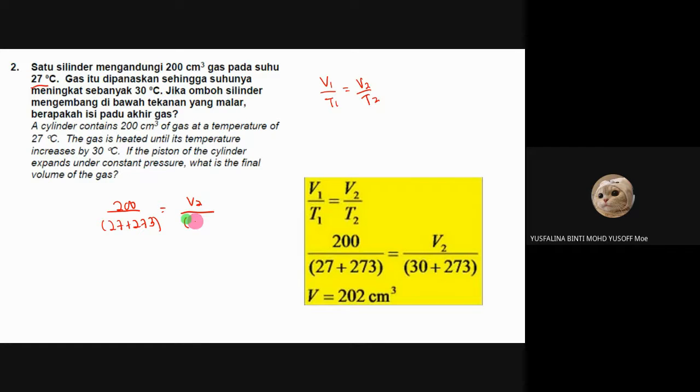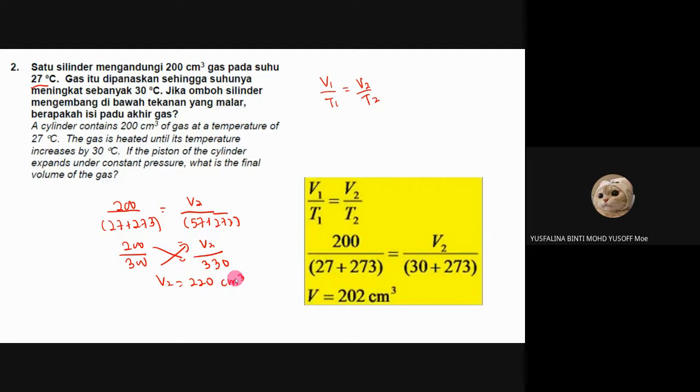And this one is actually 57, because it increased by 30 degrees Celsius, so it should be 57 plus 273. And then you just cross multiply, right? So 200, this one is 300, and this is V2. I think this one is 330, right? So you just cross multiply like that, and you will get 220 centimeter cube.